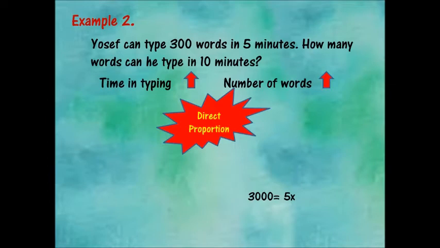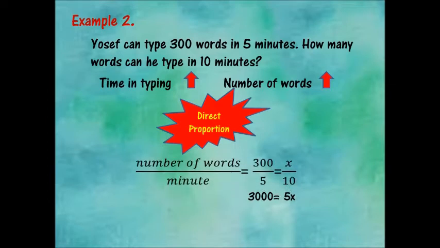Now, sulat natin siya into ratio. So, ang mangyayari, that is number of words over the minute. And number of words natin dun sa given, that is 300 na kaya niyang i-type ng 5 minutes. So, 300 over 5.